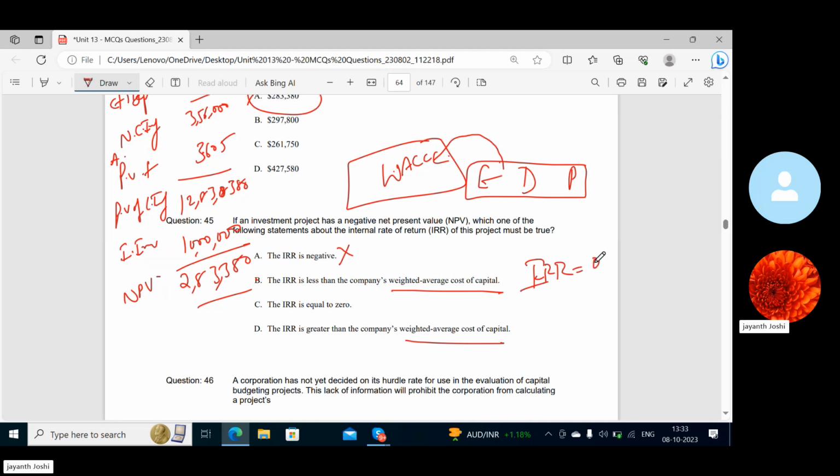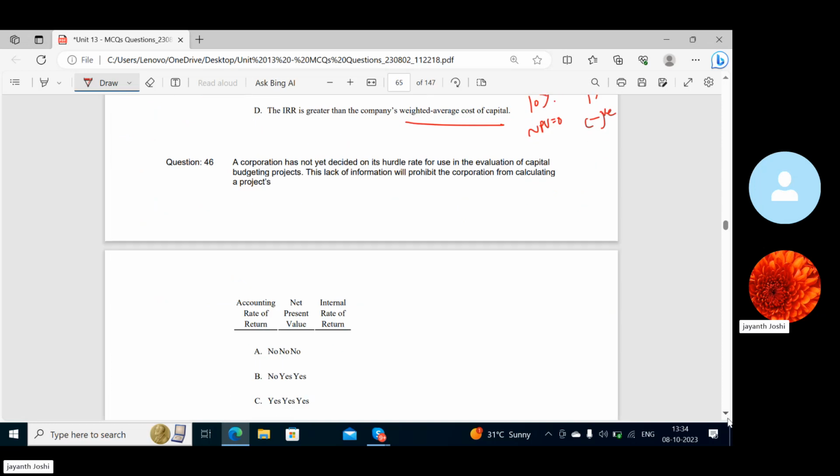If my IRR is 10%, at which I'm getting zero, and my WACC is 14%, then at 10% my NPV is zero, so definitely at 14% my NPV will be negative. So if the investment has negative NPV, IRR is less than WACC. Is it right? Next one, B. Next question.